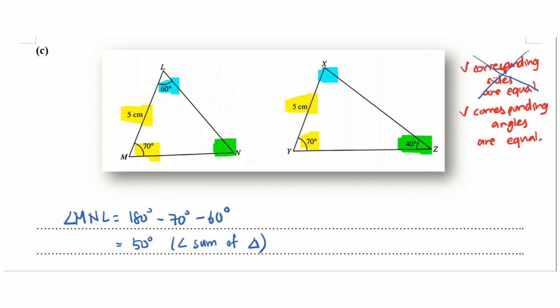Now immediately we see that if this one is 50 degrees, clearly there are no equal corresponding angles over here already. So I don't need to go and find this anymore.